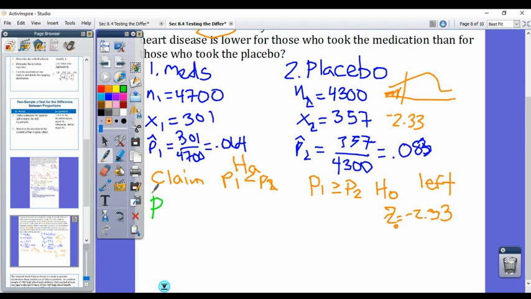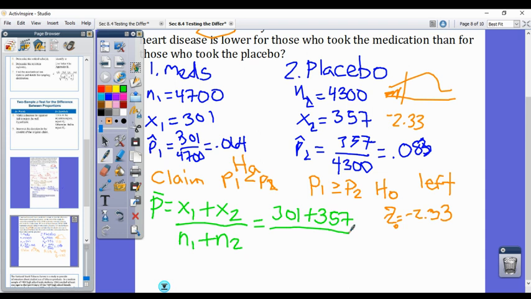Okay, so p-bar is x1 plus x2 divided by n1 plus n2, which is, okay, 301 plus 357 over 4,700, 4,300.